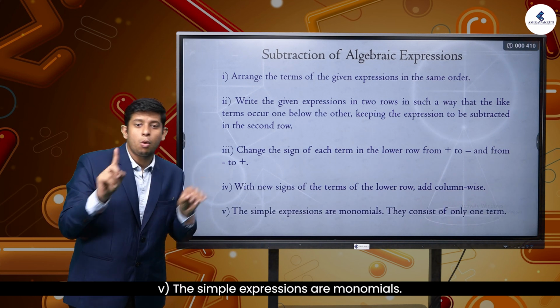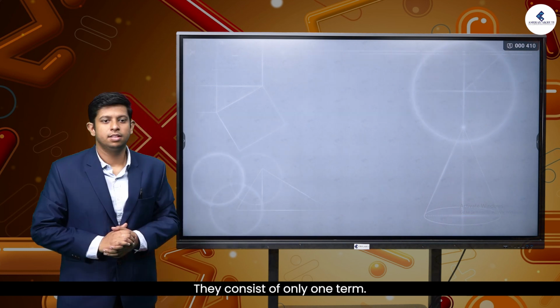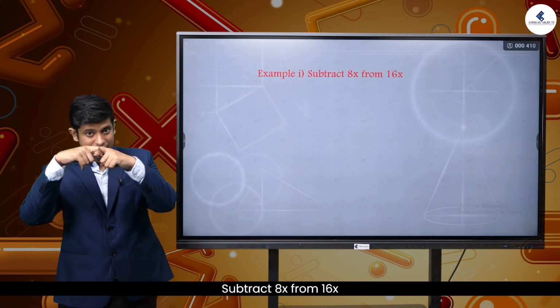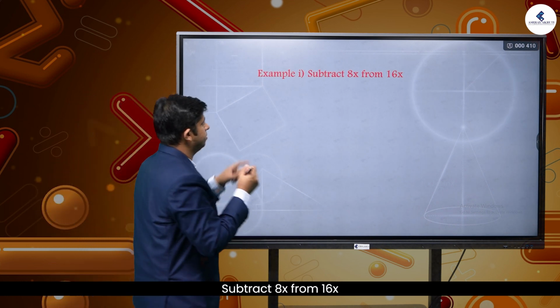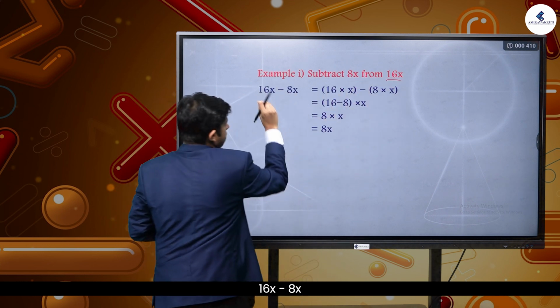The simple expressions are monomials. They consist of only one term. Example: subtract 8x from 16x. We write down 16x minus 8x.